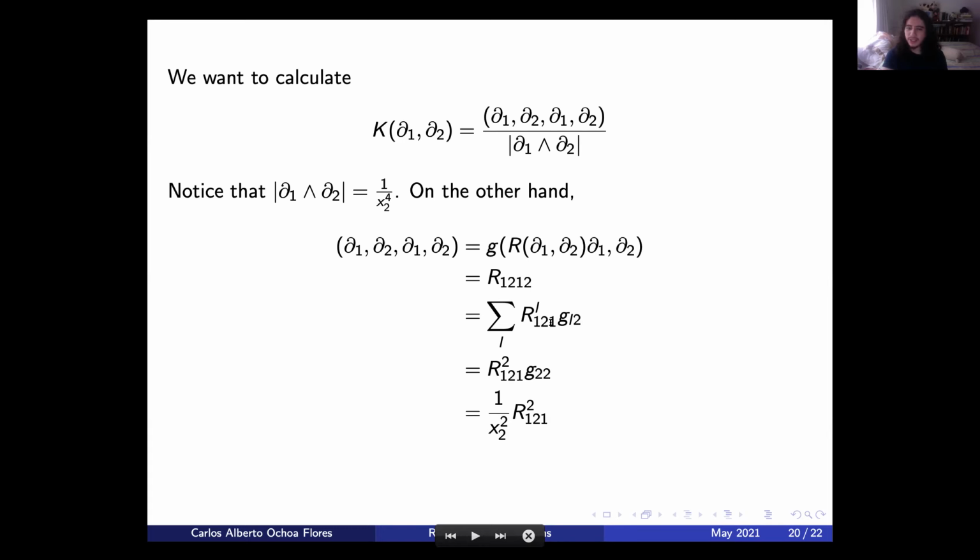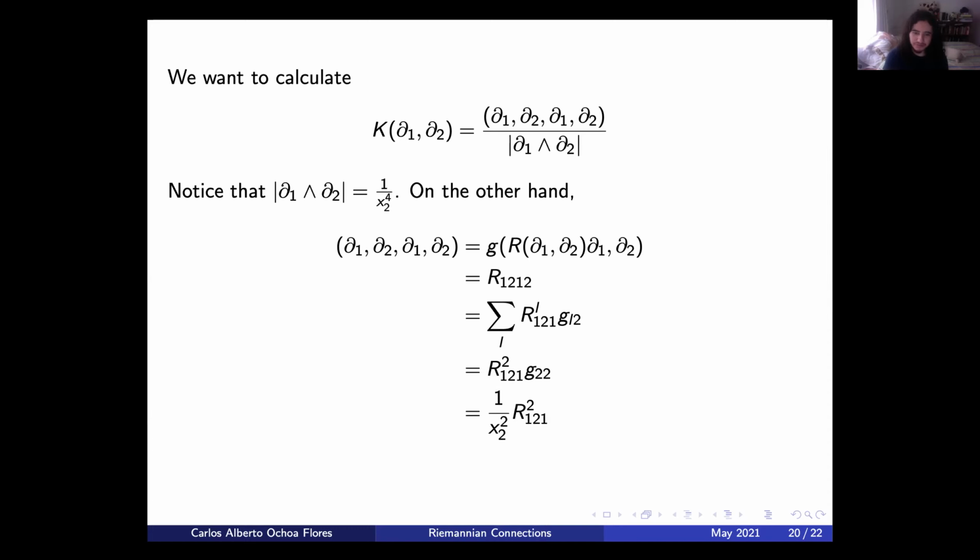So we are left only with this term, g of 2, 2, which is 1 over x_2 squared, and then we only have to calculate this component of the curvature tensor.